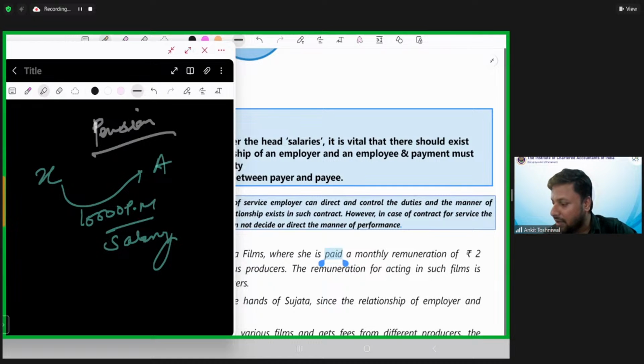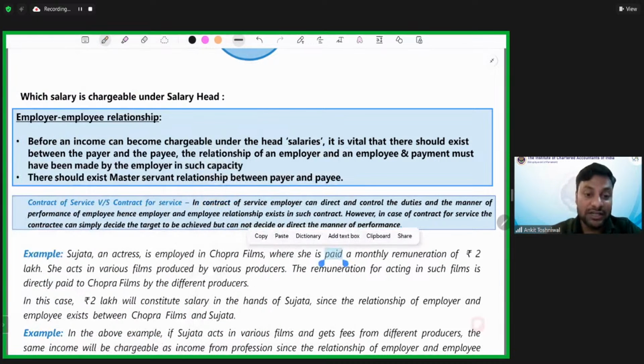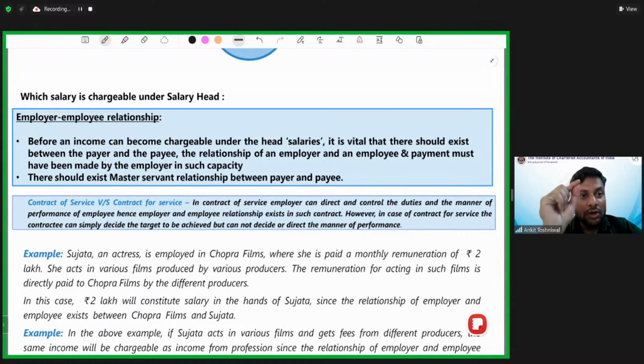So that pension is also taxable under the head salary. So which income is taxable under the head salary? If there is an employer-employee relationship, then the income is taxable under the head salary. And the employer should make the payment in the capacity of employer. That is the point.